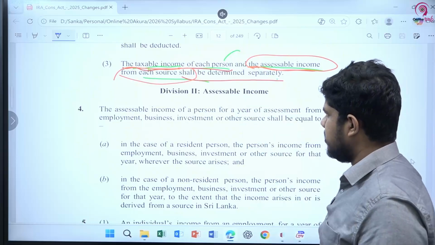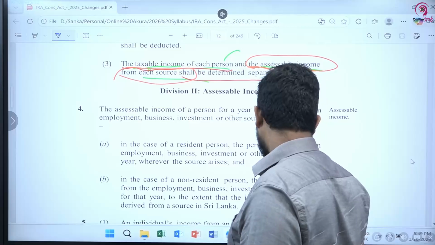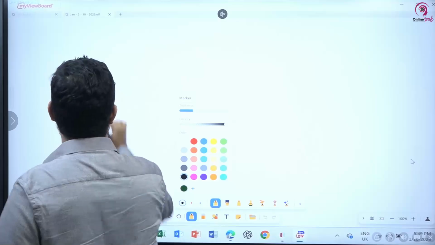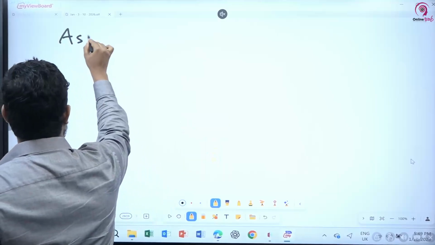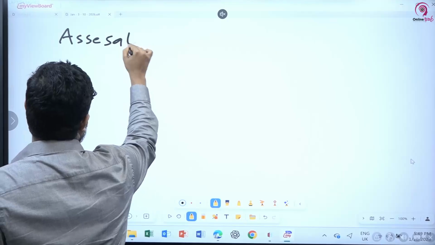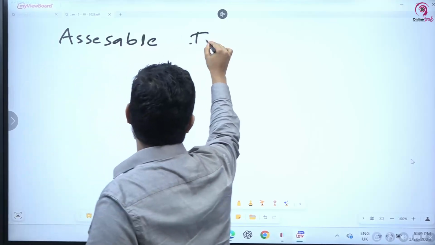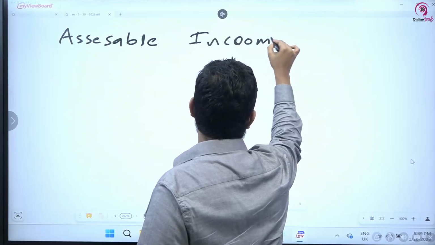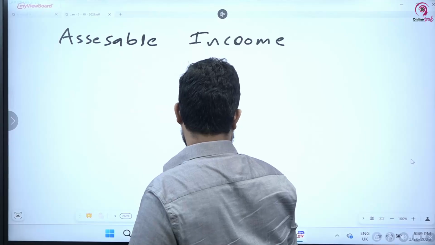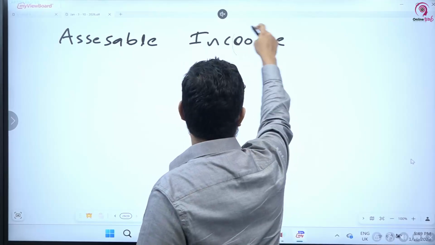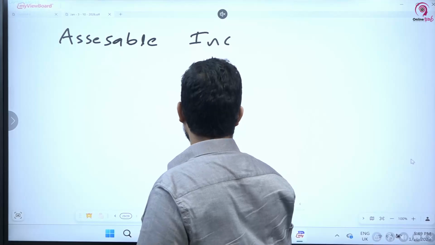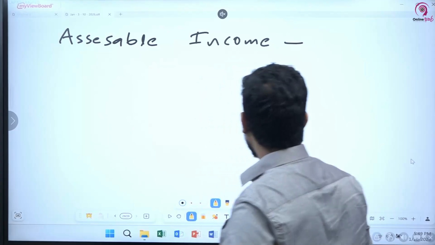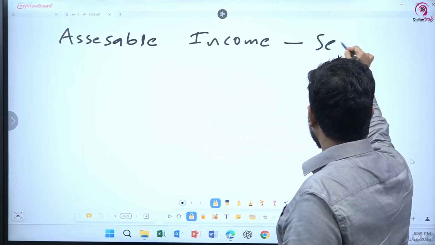Division 2, assessable income. Mainly section 4.